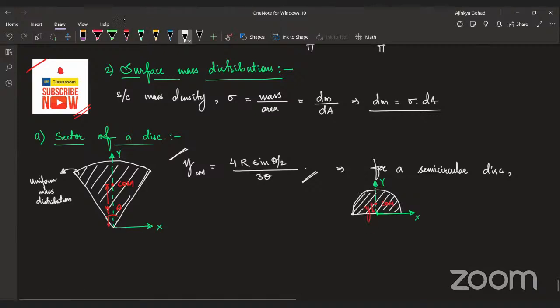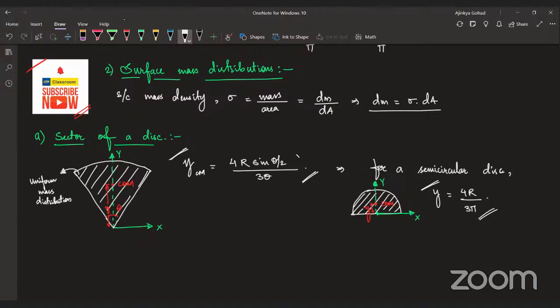Let's call this y. Since theta is pi here, you will get it as 4r sine of pi by 2, which is 1 upon 3 pi. This is a standard result that you must remember.